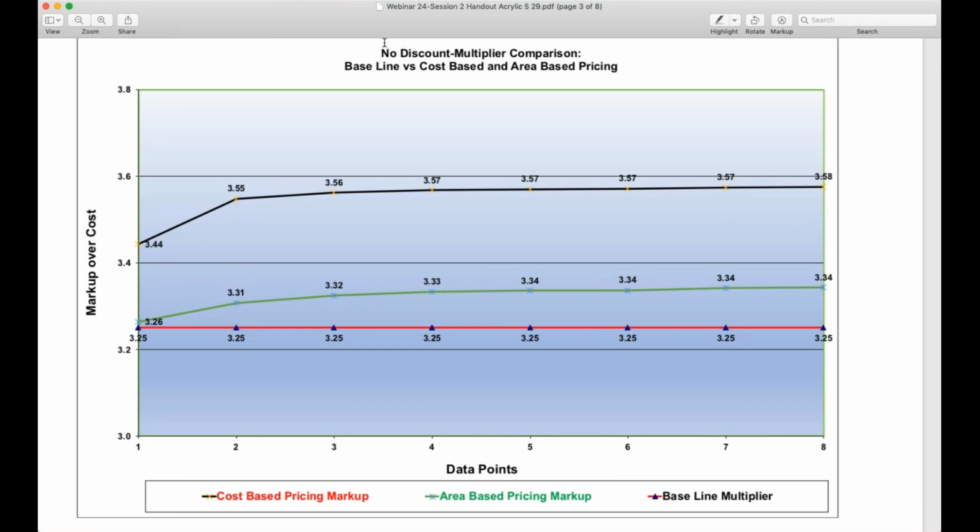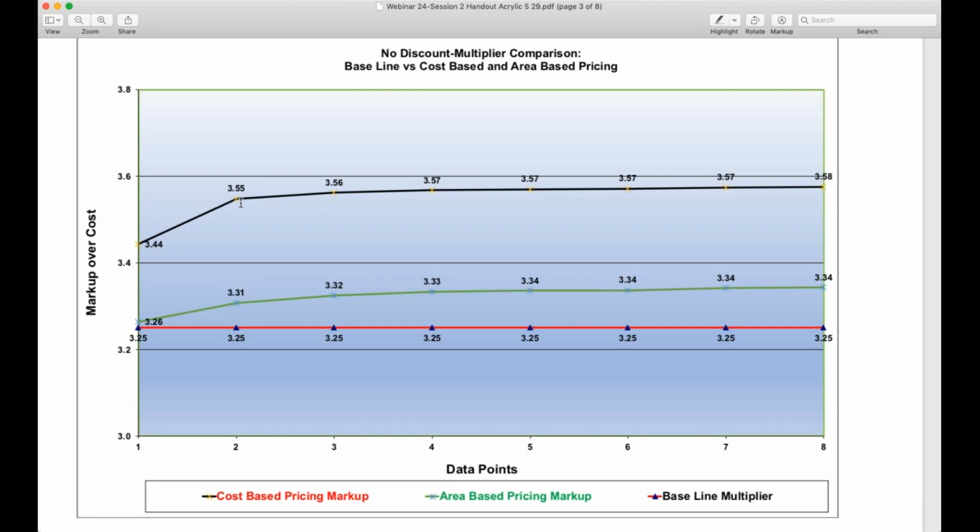All I'm trying to illustrate here, we're looking at no discounting involved, and we're looking at the multipliers, the effective multipliers. When I say the effective multiplier, what I'm talking about is taking the total price and dividing it by the total cost, and that is the markup. That's what I refer to as the effective markup.